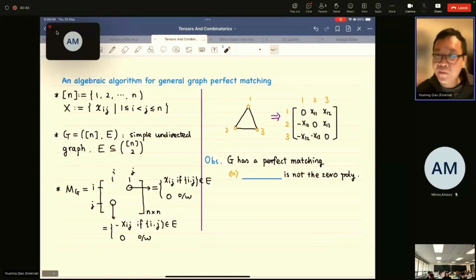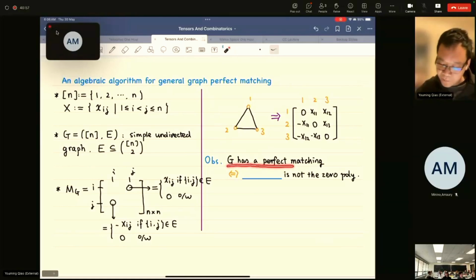So there was a very good question about why skew symmetric but not symmetric. And this is where the skew symmetry is kicking in to be useful. And for general graph G, it turns out that we can also have an observation like in the bipartite case. In the bipartite case, we use determinants.